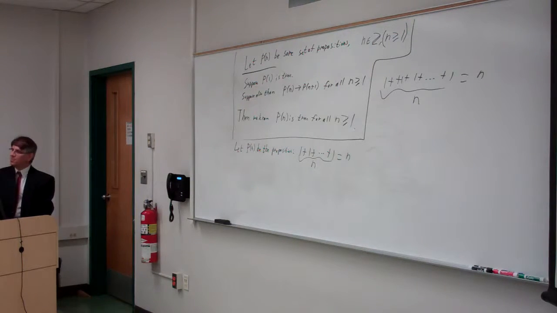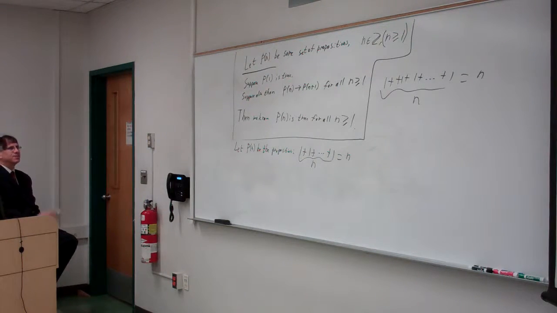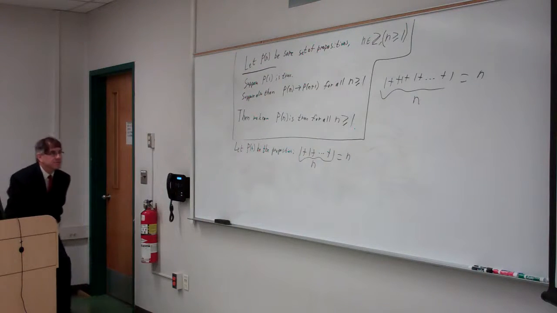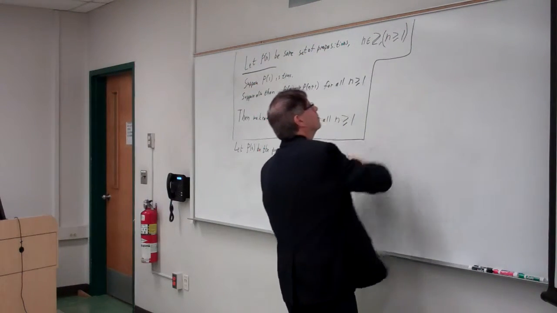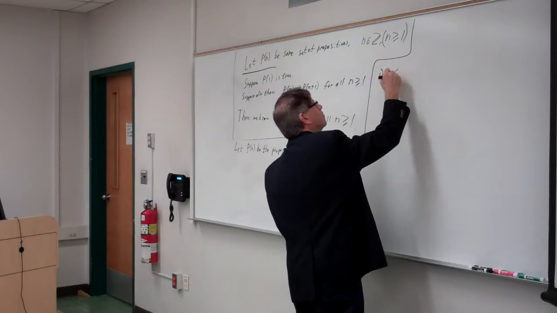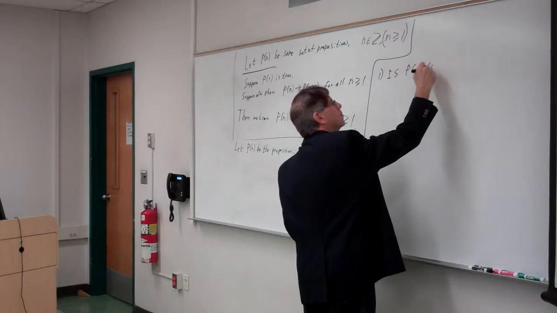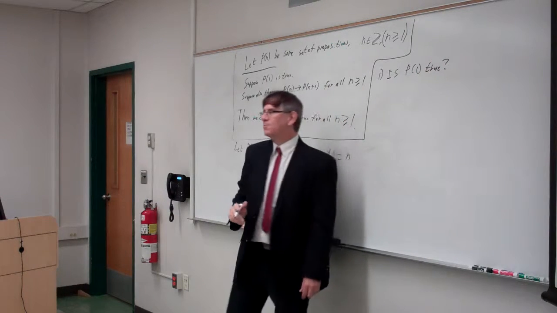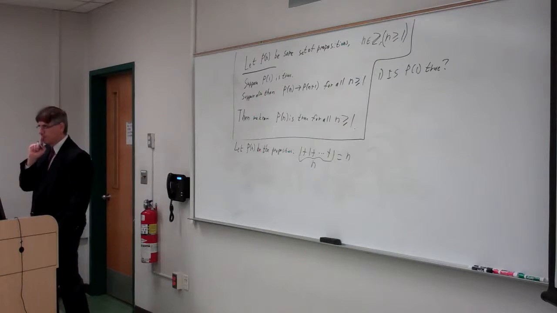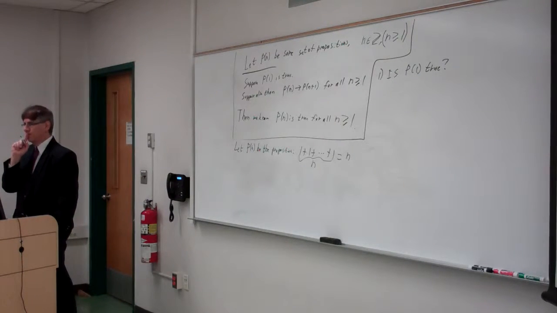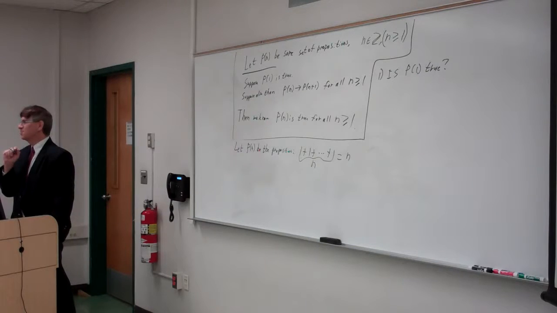But we can apply the principle of mathematical induction if we can prove two things. First, is P of 1 true? Is the sum of 1, 1 equal to 1? Yes. It's not a trick.